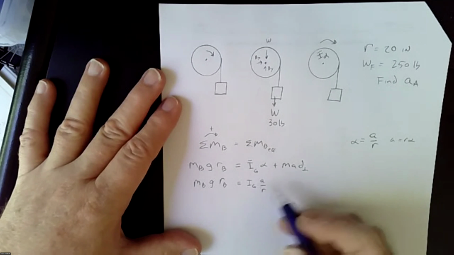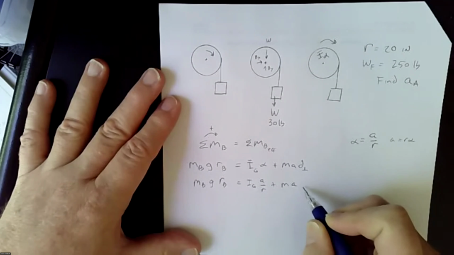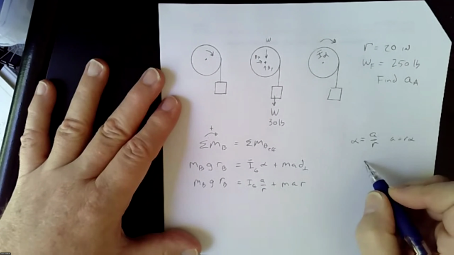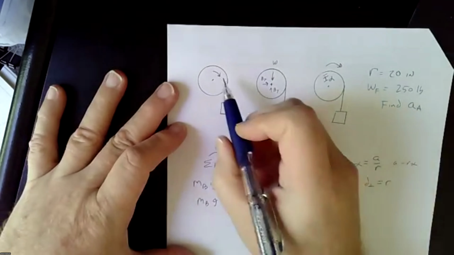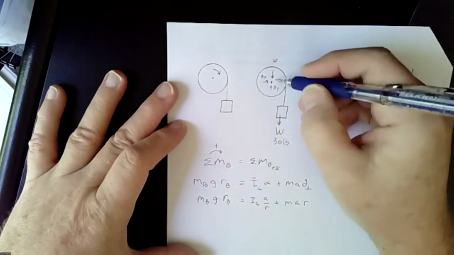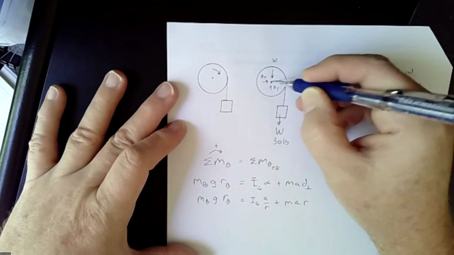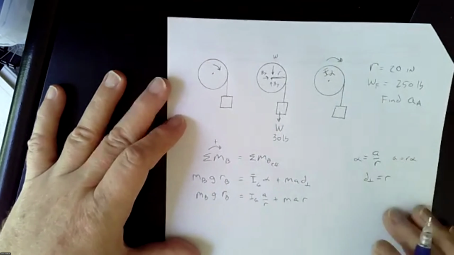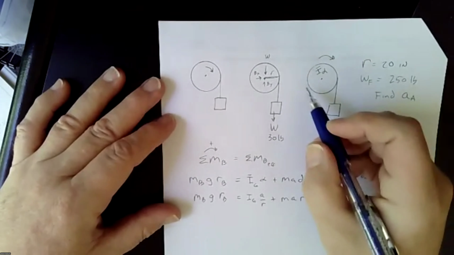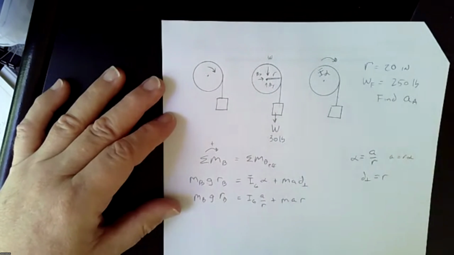And then I can also say plus m a R, because my d perpendicular is R. It's just that distance. If you think about it, here's the acceleration, there's the R distance, and there is the acceleration down, causing it to rotate. You don't put the m a d on this diagram. In fact, this diagram only has the I alpha on it.